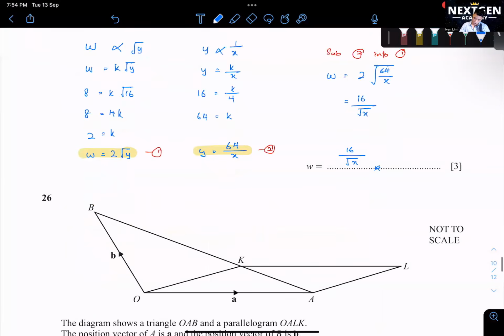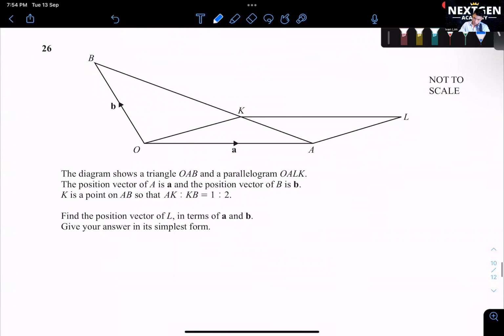Question 26. The diagram shows a triangle OAB and a parallelogram OALK. The position vector of A is a, and the position vector of B is b. Position vector means OA or OB.